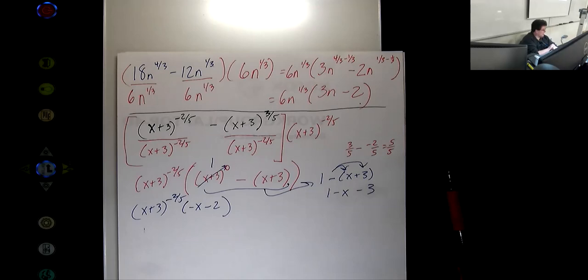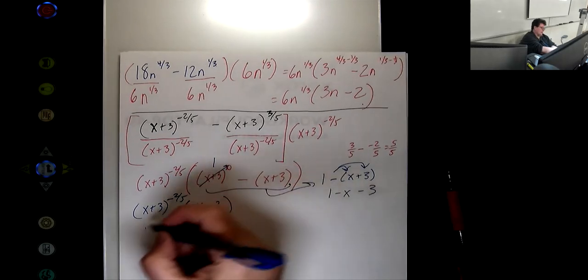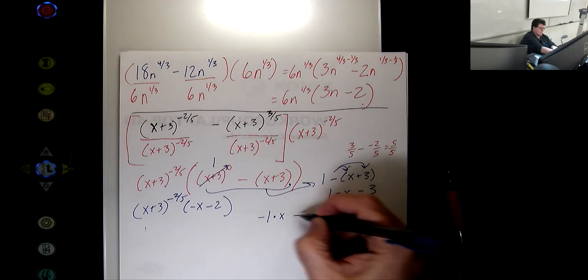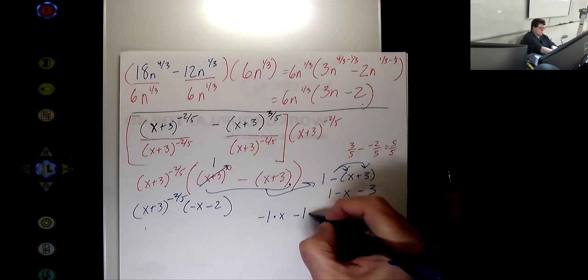If I want to make it a little bit cleaner, both of these are negative. That's like -1 times x minus -1 times 2.